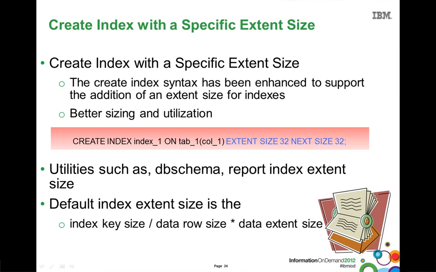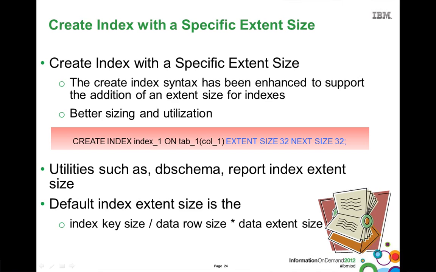And it basically will set this, allowing you to control the utilization. If you have an odd number of duplicates or things like that, and the default extent sizes don't work well, you could change the extent size. Utilities such as dbschema will report this. And in general, the default size is really the index key size to the data row size times your data extent size.